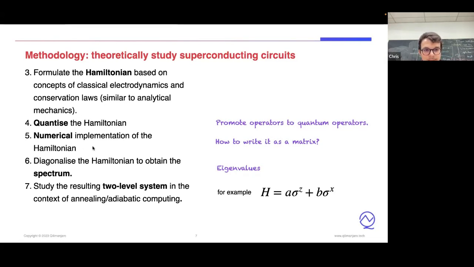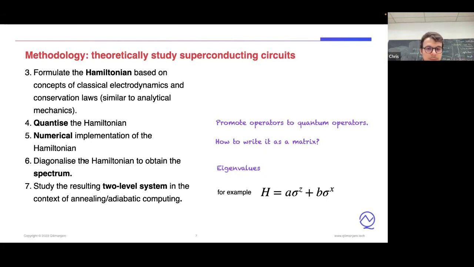And then you need to study this in a numerical way. These Hamiltonians are usually not analytically solvable, so we need to study this numerically, and this basically answers the question: how can we write this as a matrix, which is quite a tedious step.